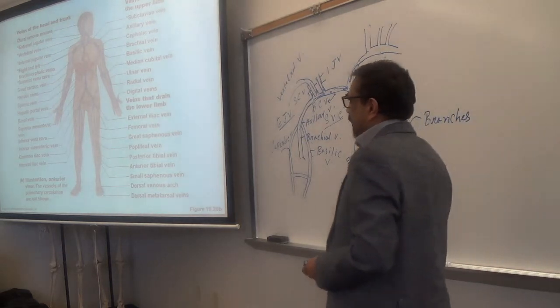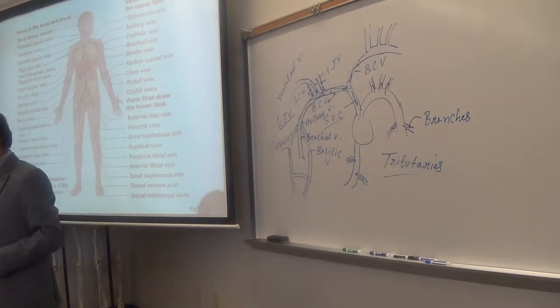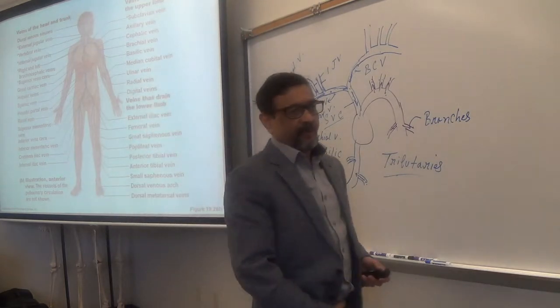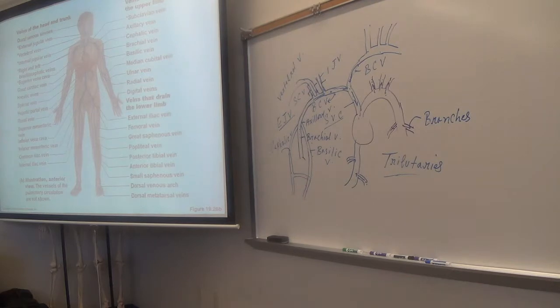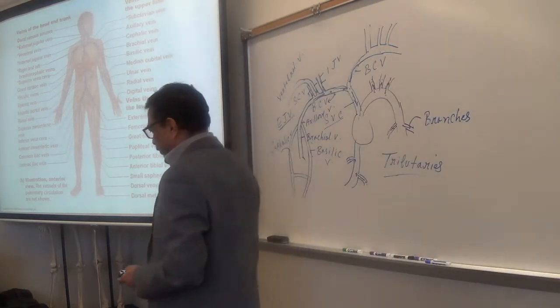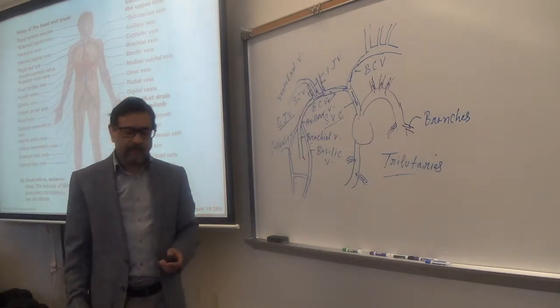Very simple. So you have internal jugular, external jugular. And vertebral also receives deoxygenated blood from the brain. So in the venous system, internal jugular and vertebral mostly receive deoxygenated blood from the brain.